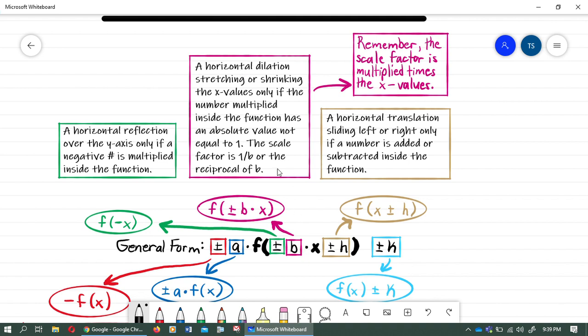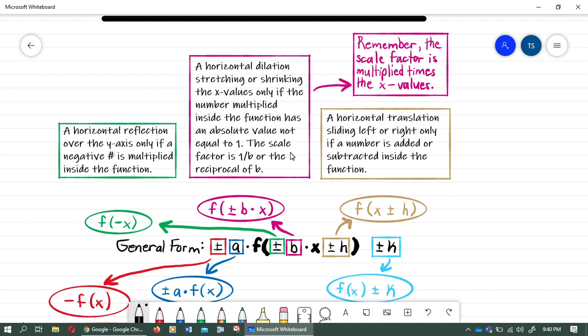Again, guys, there will only be a horizontal dilation, which is a stretching or shrinking of the x values, if the number multiplied inside of the function has an absolute value that's not equal to 1. And the scale factor for the horizontal dilation is going to be 1 over b.